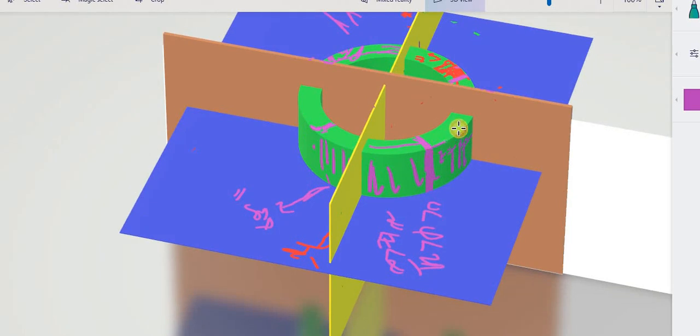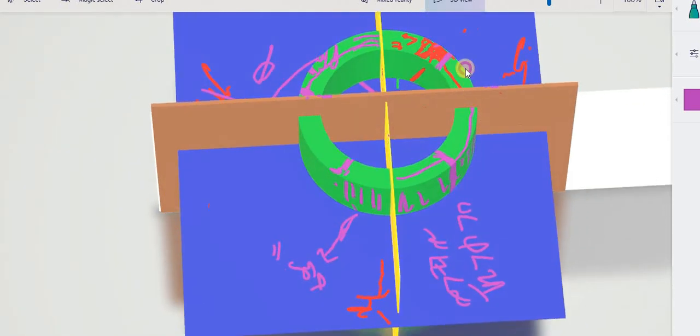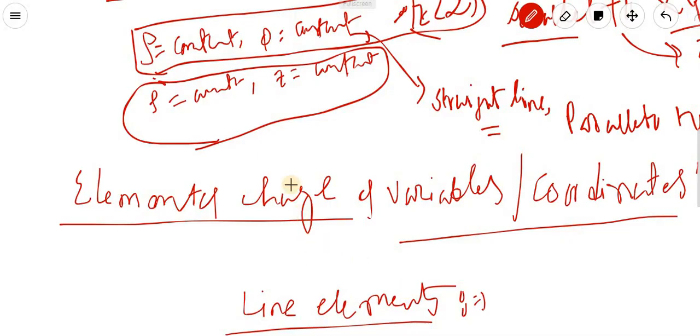So what will we be getting? One circle. Clear?